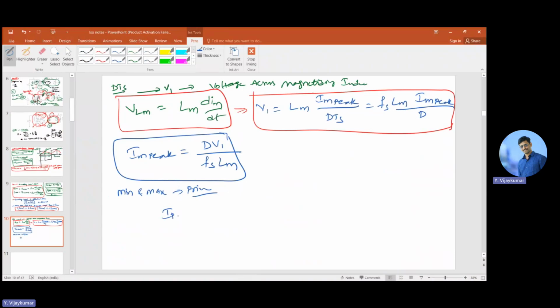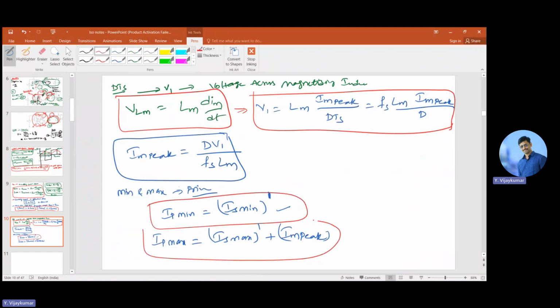The minimum primary current is equal to the reflected secondary current, IS minimum dash. This is normal, right? But when the primary current is maximum, along with the maximum reflected secondary current, the peak value of the magnetizing current is also added. So IP max is IS maximum dash plus Im peak. These are the different formulas that we have incorporated. We'll stop here and continue in the next.